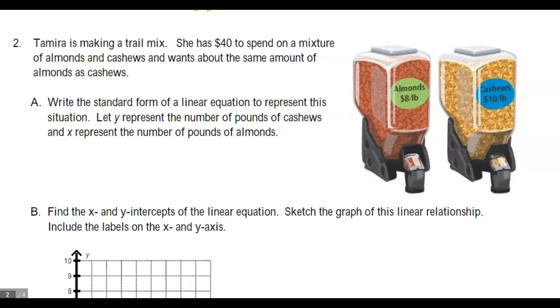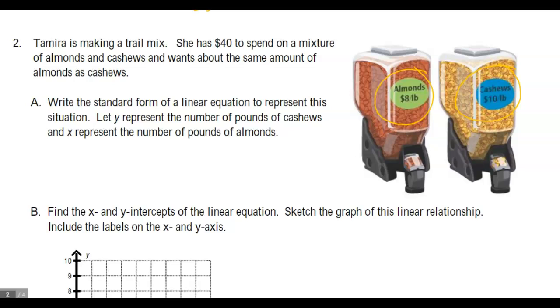Okay, and your second example of the day. You'll notice we have some labels here. We're going to make some trail mix, $40 to spend, and wants to spend about the same amount, and wants about the same amount of almonds as cashews.